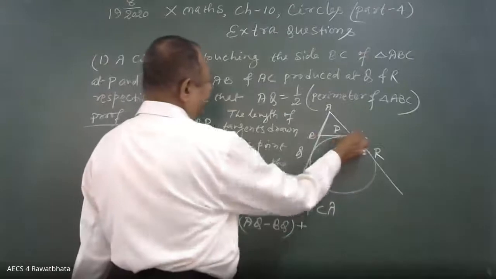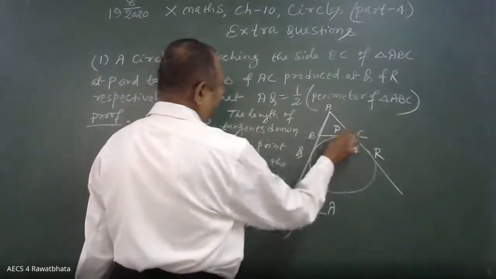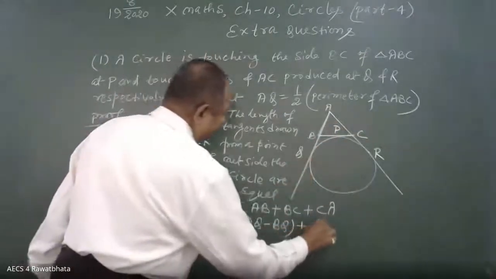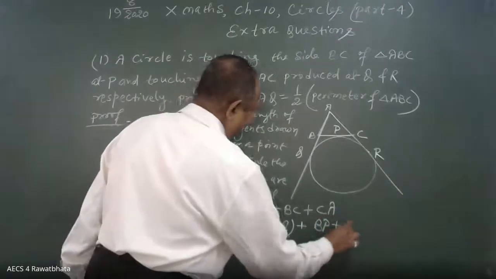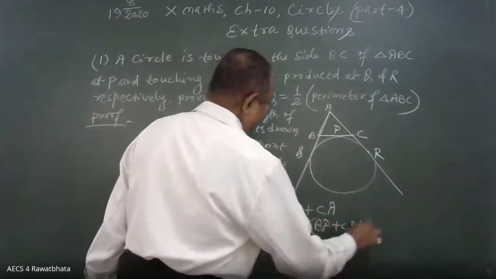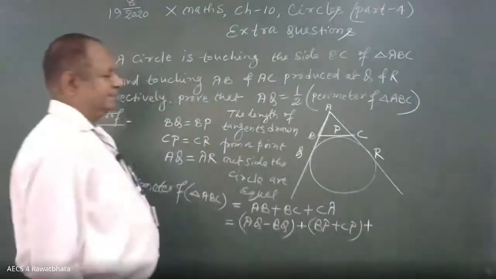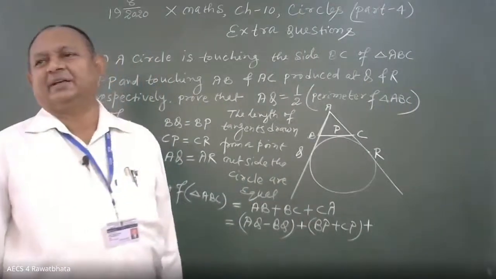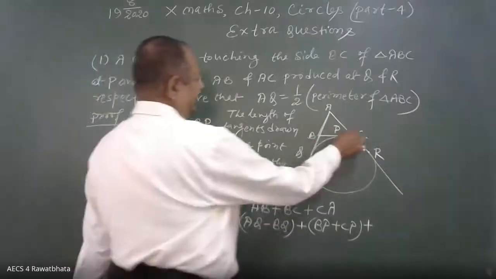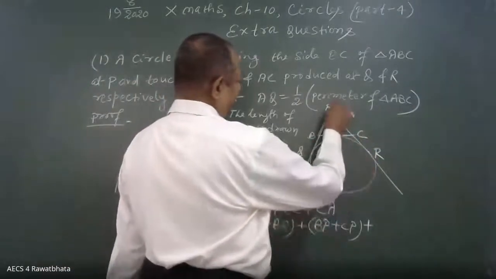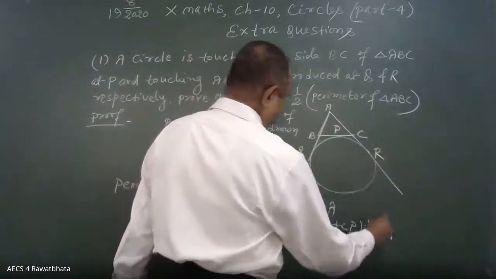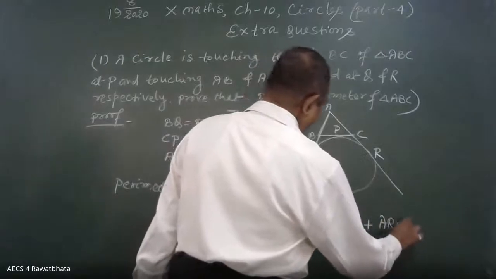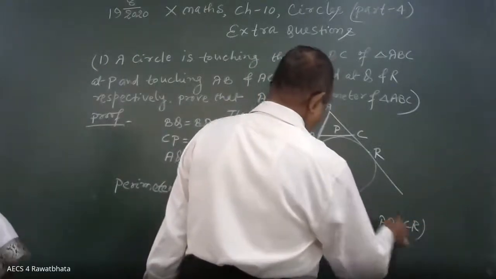BC can be written as BP plus CP, plus CA, or AC. CA can be written as AR minus CR.